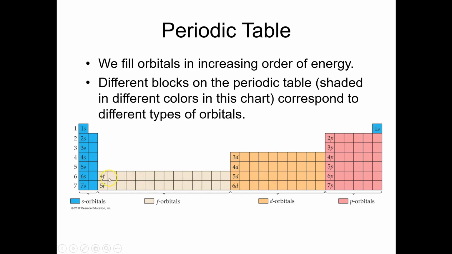And then all of the inner transition metals, that is the lanthanides and the actinides, are in the process of having their f orbitals filled. So rather than drawing out an orbital energy diagram, populating it with arrows, and then turning that into an electron configuration notation, all you have to do is find where the element is in the periodic table and do it that way.